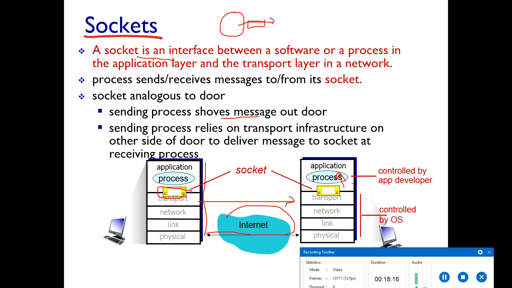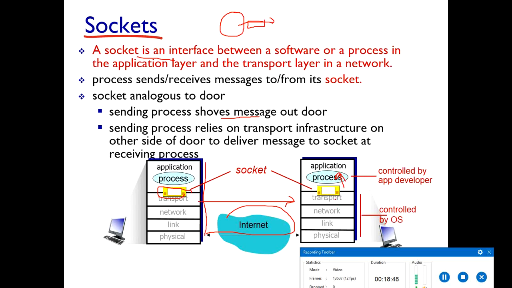After the message arrives at the receiving host, the message passes through the receiving host's process door, which is called the socket, and the receiving process then takes up the message. Now this process or the application is controlled by the application developer, whereas the other layers are controlled by the operating system.